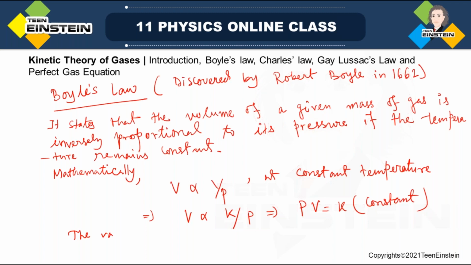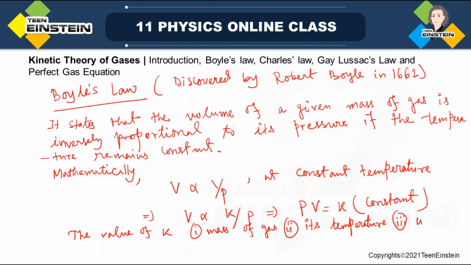The value of K depends on a few things like the mass of the gas, its temperature, and the units in which P and V are measured.